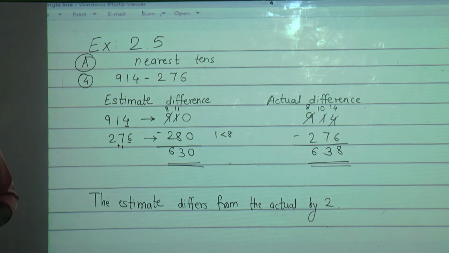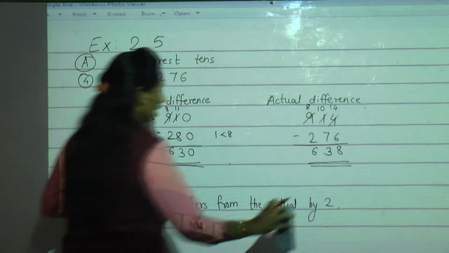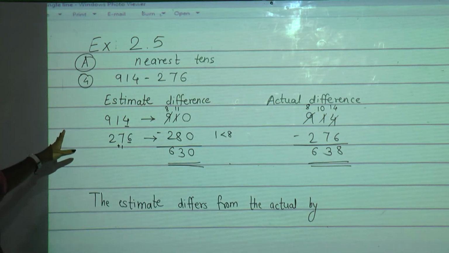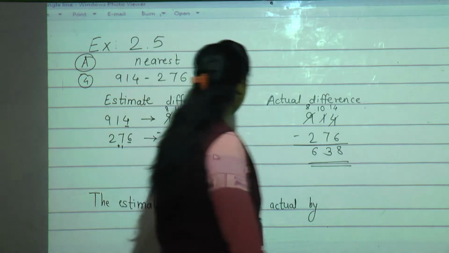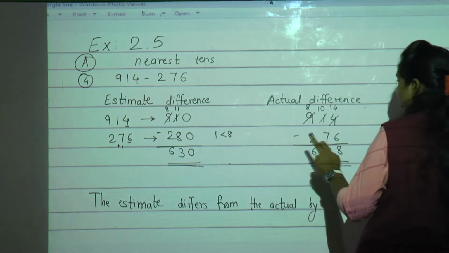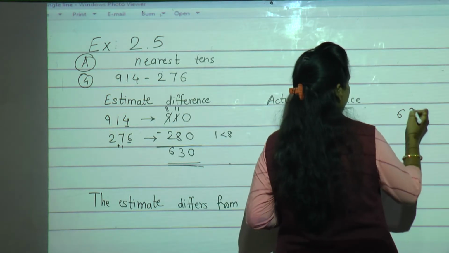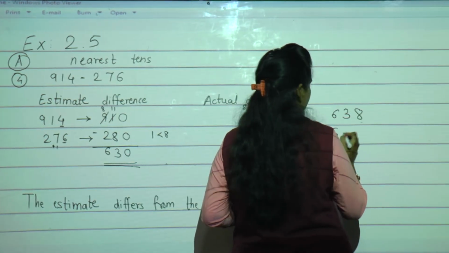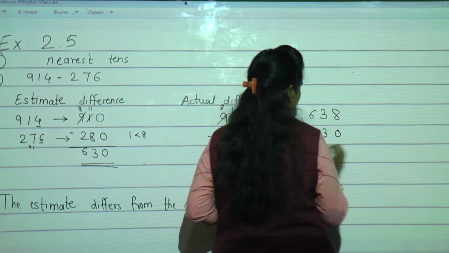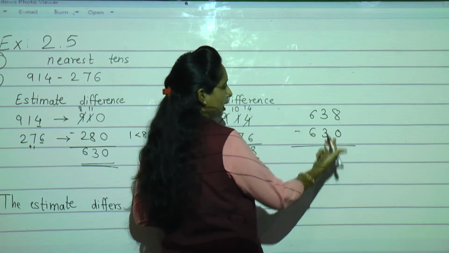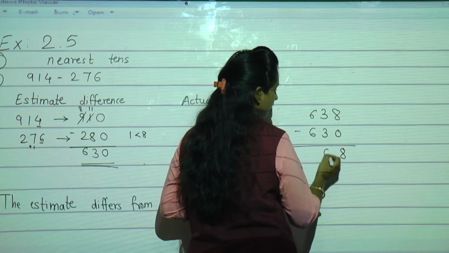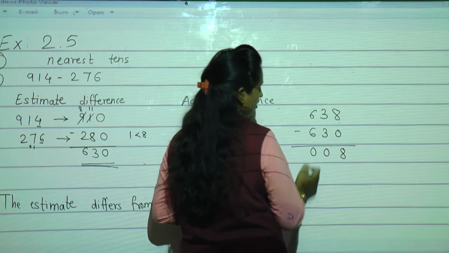Yes or no? Now we have to find out how much difference is there between these two, estimate and actual. So what we have to do? We have to subtract from greater to smaller. Which is greater? 638 and 630 we have to subtract. See, when we do subtraction, 8 minus 0, 8. 3 minus 3, 0. 6 minus 6, 0.